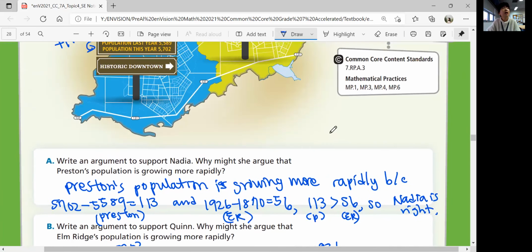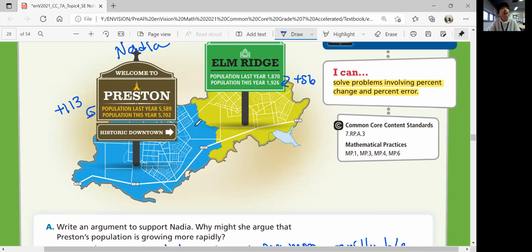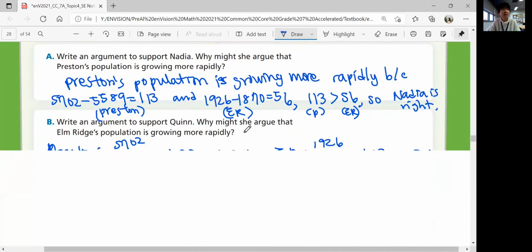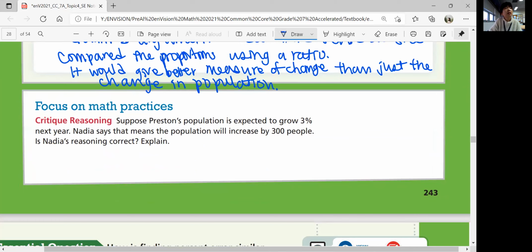Because this year, Preston's population is 5,702, right?